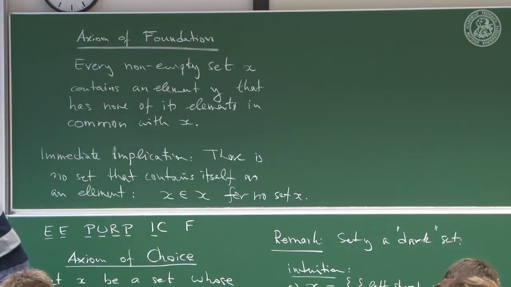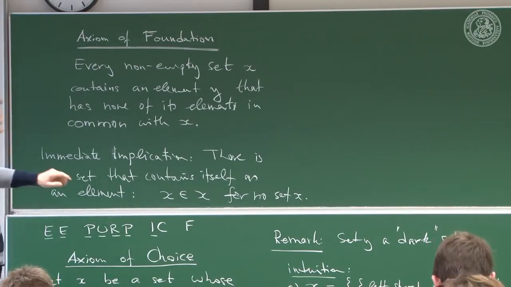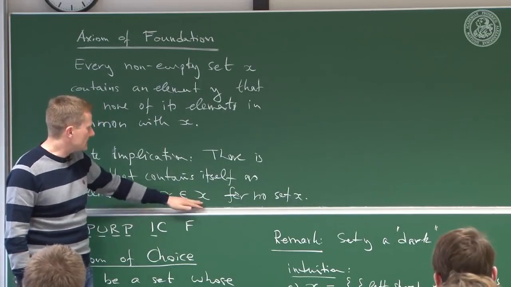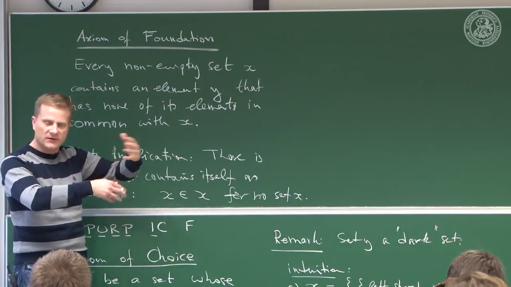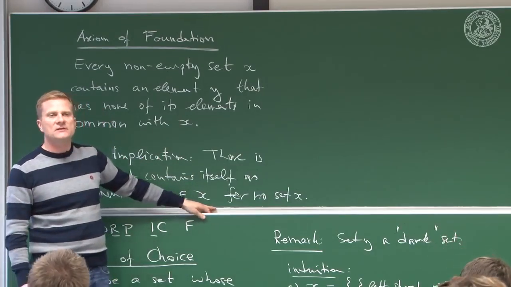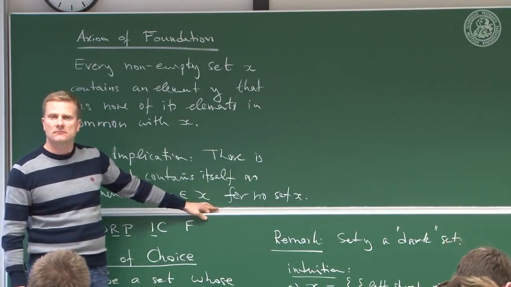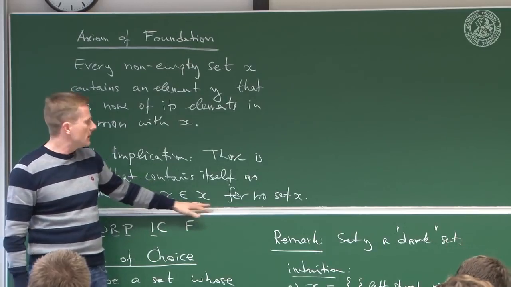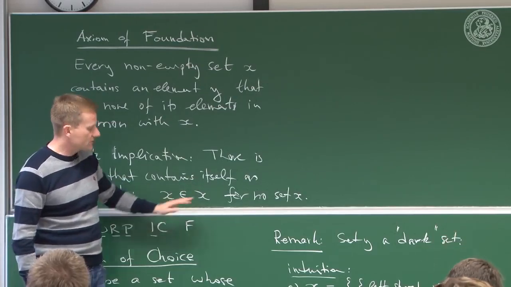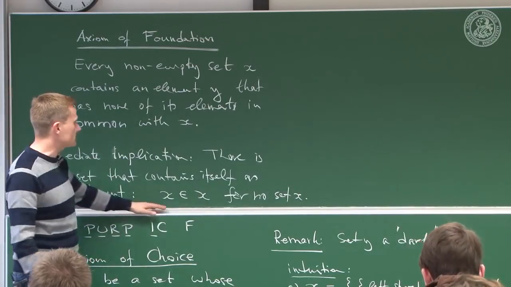And so ultimately, I discussed this before, the axiom of foundation also excludes that you start defining sets in this way. You could say, well, let's take a set that contains itself as an element, is self-referential, and so on. If you don't have this, then ultimately every set needs to be built of the empty set. And we saw an example of that before, where the natural numbers, the non-negative integers, were constructed only from the empty set by using the axiom of infinity.